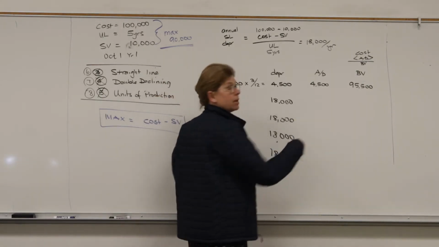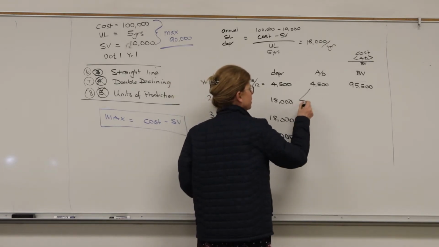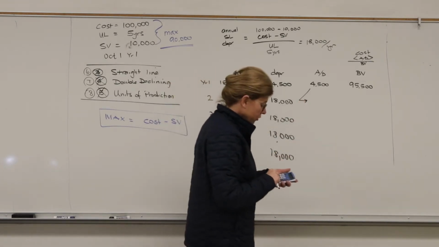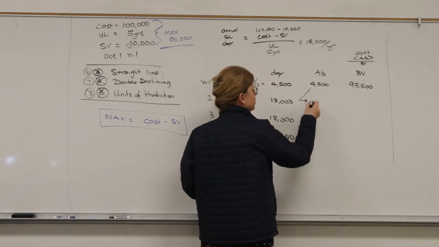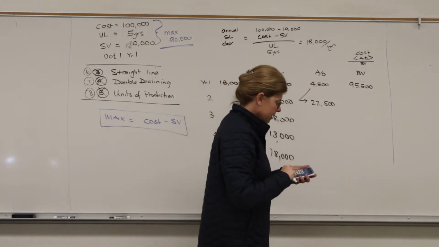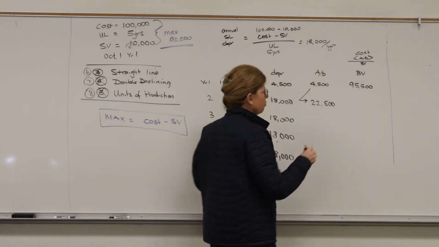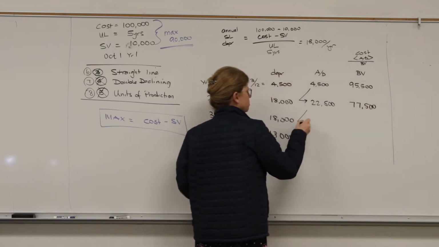So let's go ahead, calculate our accumulated depreciation, book value, all that good stuff. So $4,500 plus $18,000, $22,500. And when I subtract that from $100,000, I have a book value of $77,500.